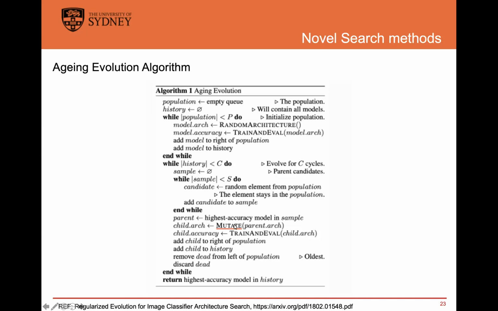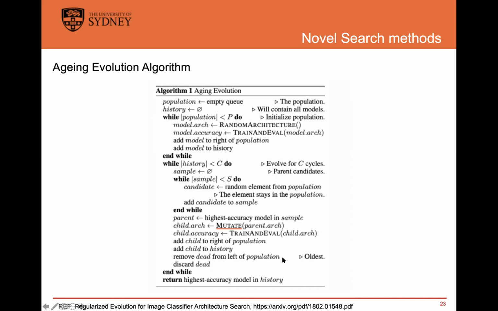And then you mutate, basically what we talked about before, either operation mutation or hidden state mutation. So you either rewire your hidden states, or you replace one, or even add a completely new hidden state or new operation to it. And then you evaluate your child's accuracy, and then you add your child onto your population to the right, as well as your history.